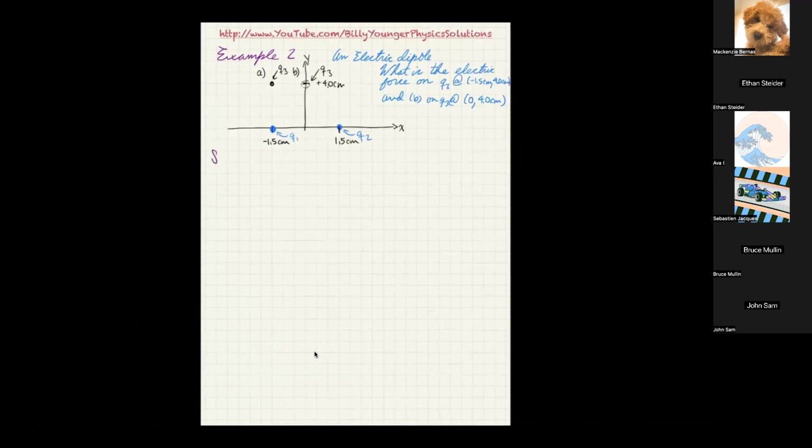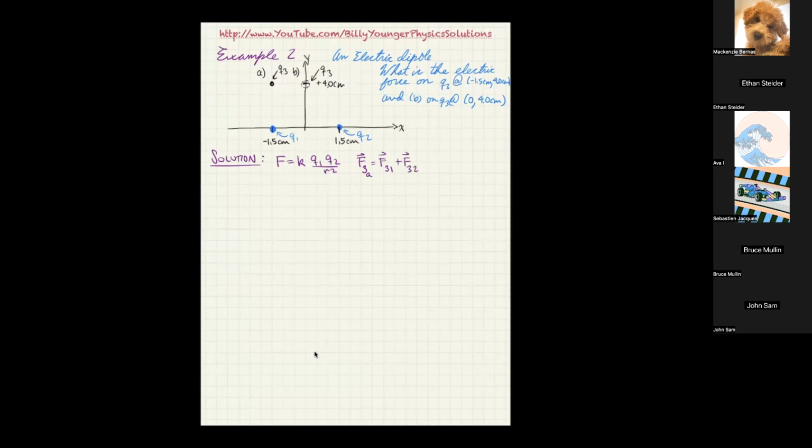So my solution is going to require us to know some things. For instance, we're going to need to know Coulomb's law, which I'm going to say is F equals k Q1 Q2 over r squared. I'm also going to have to know what F3 is, and I'll put a sub A on it for part A. Well, F3 is the force on 3 due to 1 plus the force on 3 due to 2.